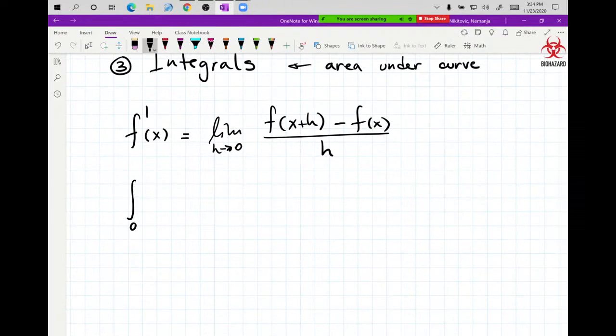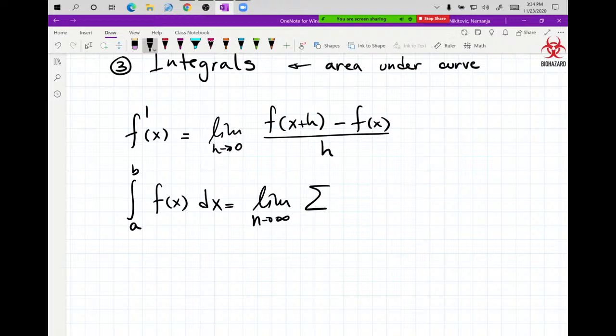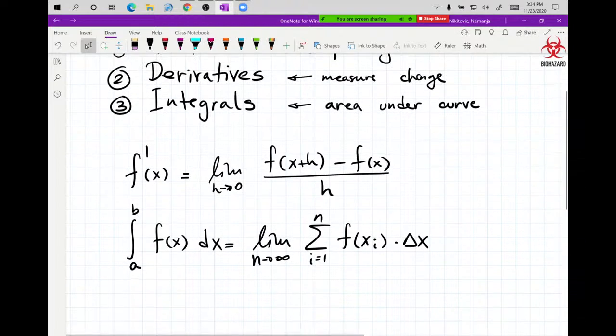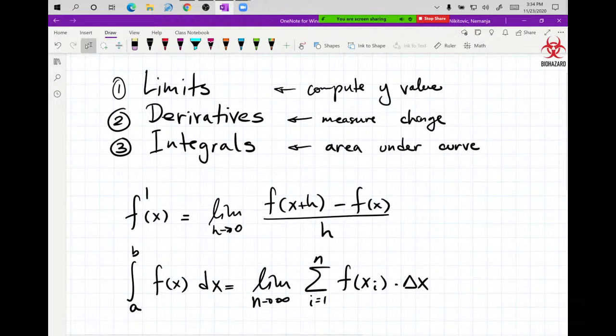And in the last lecture, we saw that the integral of f of x dx was given as the limit as n goes to infinity, and this is where accumulation comes from, because you have this summation of infinitely many of these. So these were your basic ideas. The rest of the course are details.